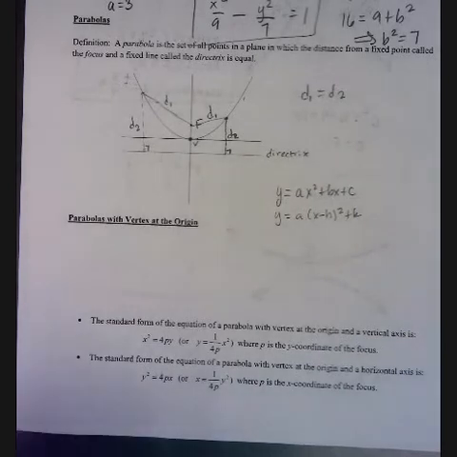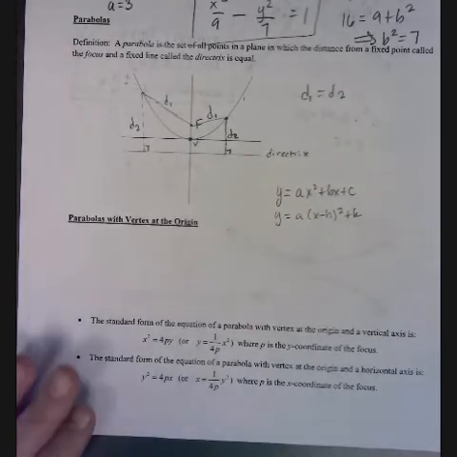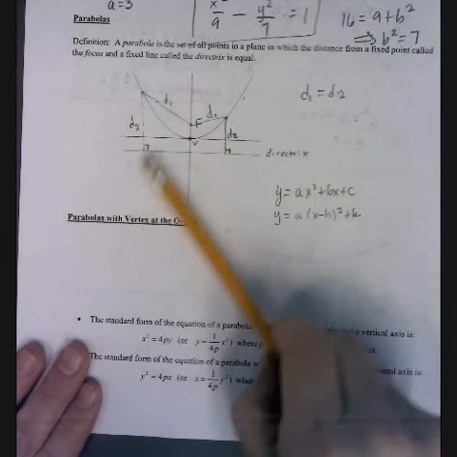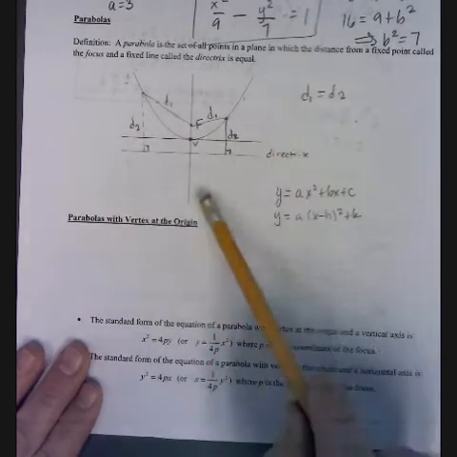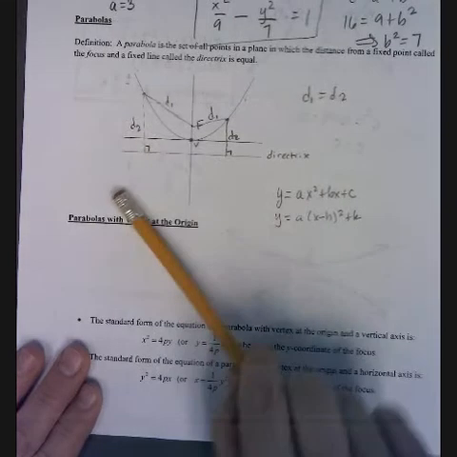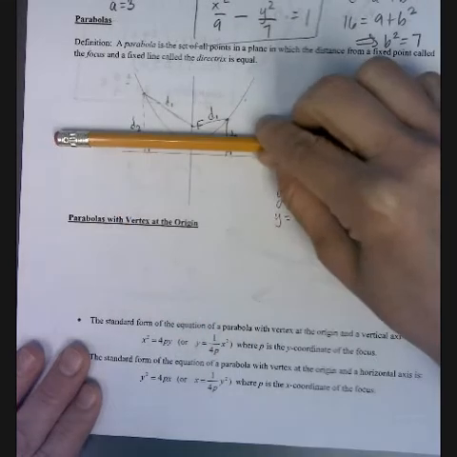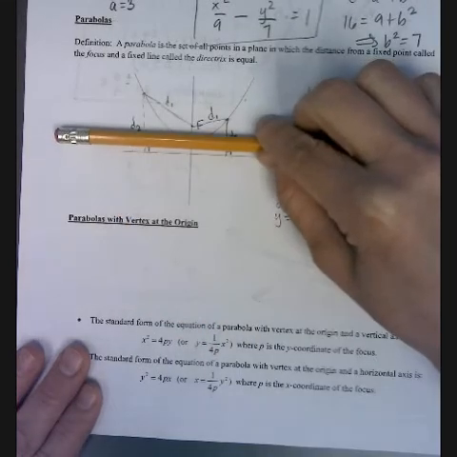Anyway, my point was, you're used to just looking at whether the parabola opens up or down. Now we're going to consider up or down, and also to the right and to the left. So then the axis is horizontal instead of vertical.